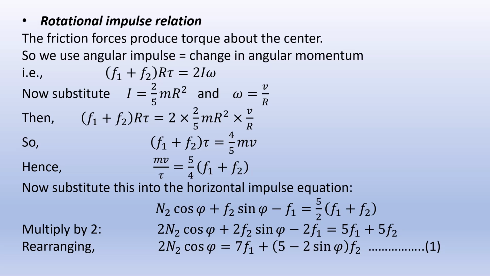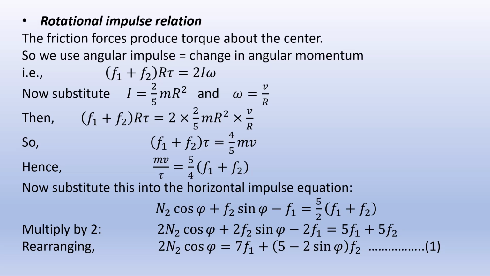So we apply angular impulse is equal to change in angular momentum. Now the total torque producing friction force is F1 plus F2, and each force acts at a perpendicular distance r from the center. Therefore, the total angular impulse becomes (F1 plus F2) times r times tau.